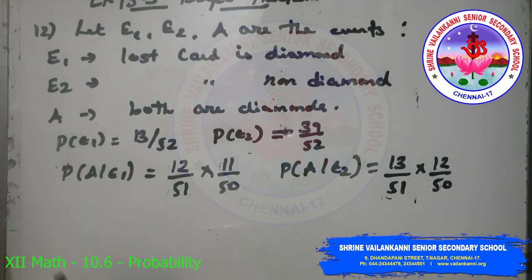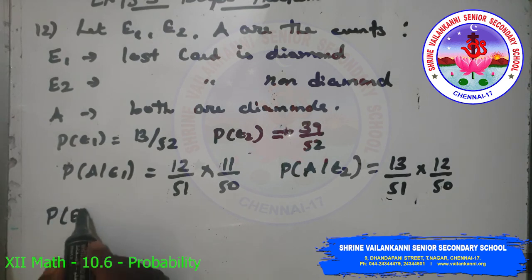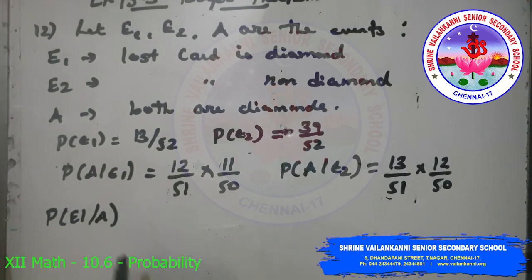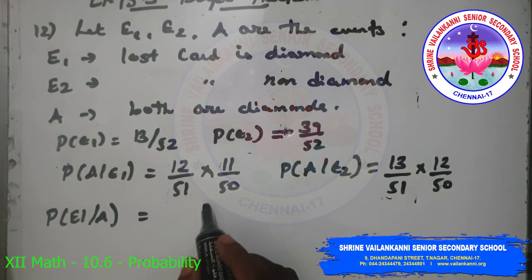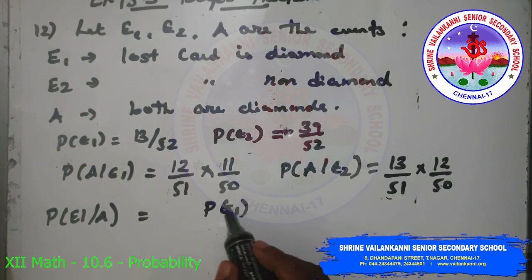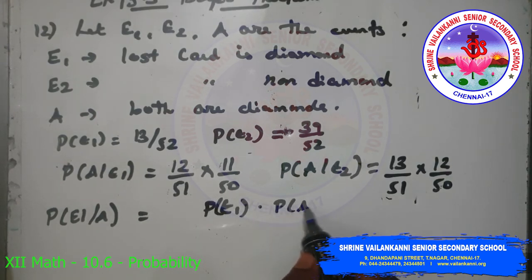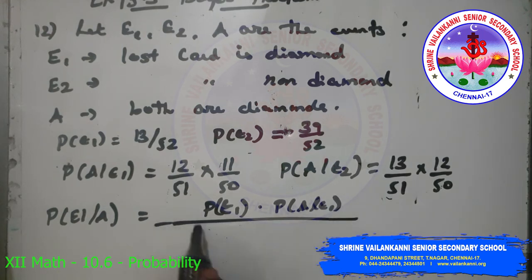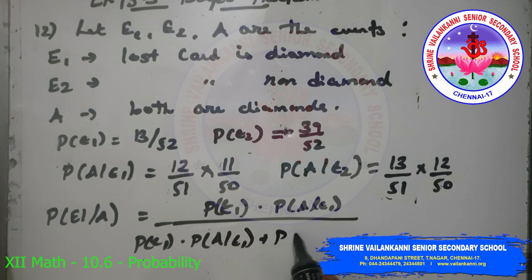So required probability is P of E1 by A. That is, find the probability of the lost card being a diamond. So using Bayes theorem, P of E1 into P of A by E1 whole by P of E1 into P of A by E1 plus P of E2 into P of A by E2.